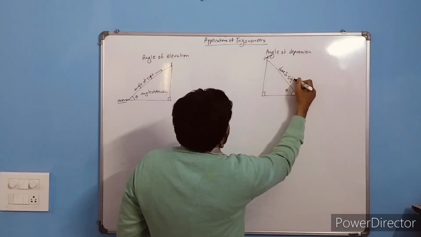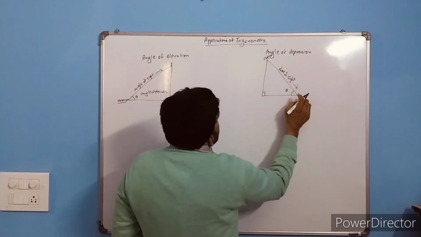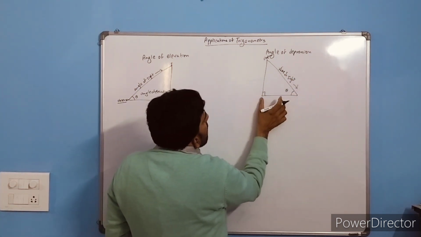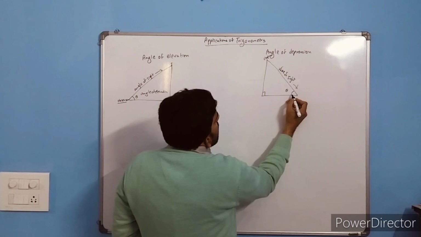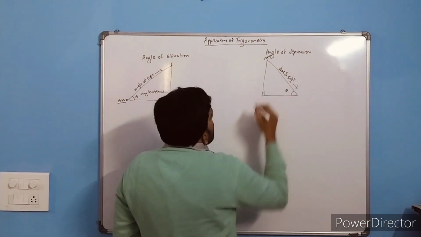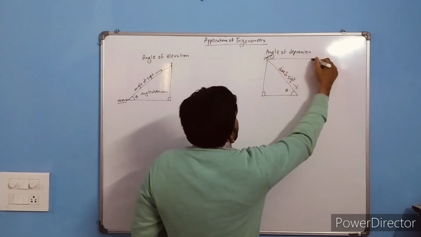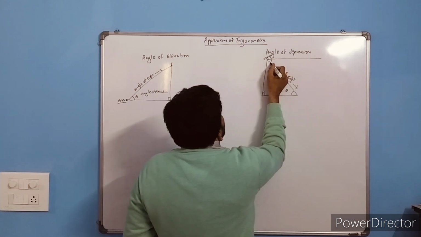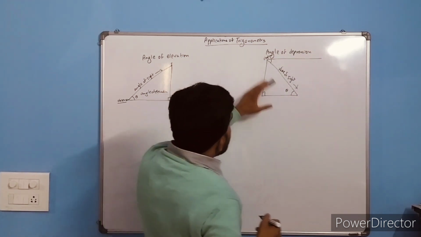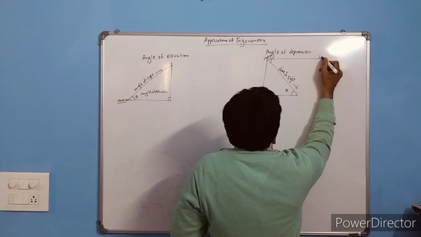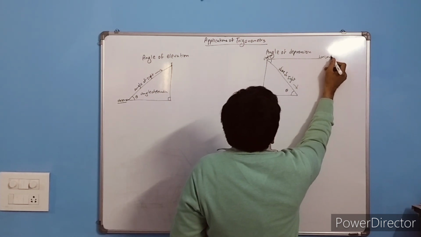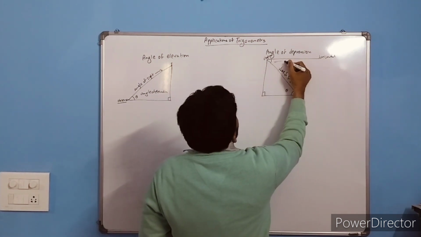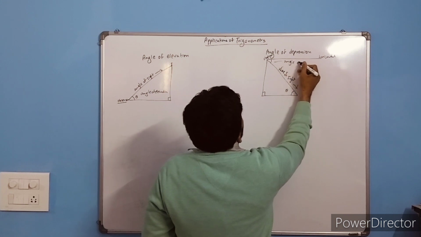The angle made between the line of sight and the horizontal line is called the angle of depression.